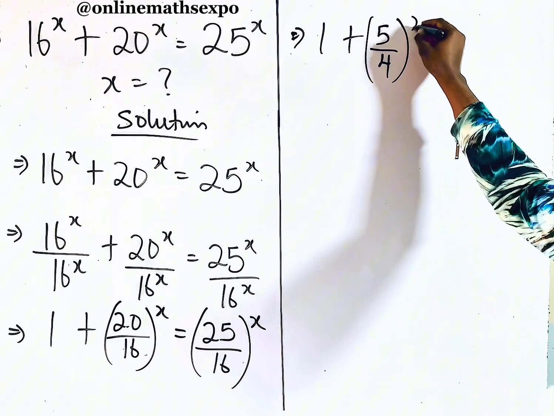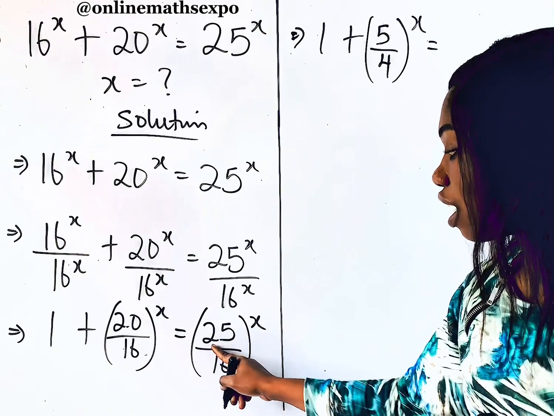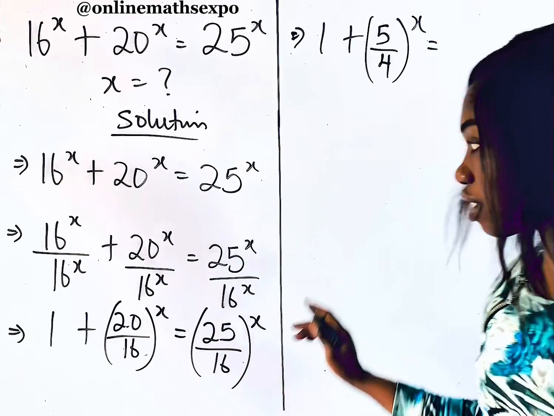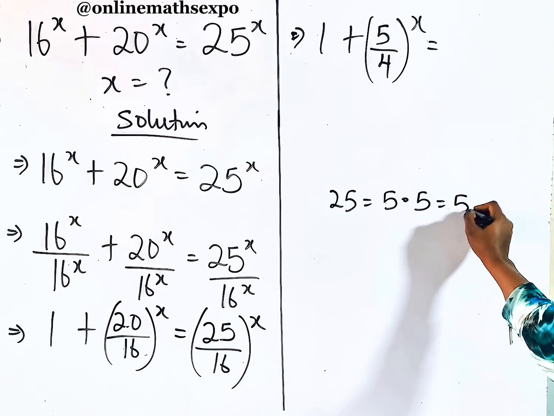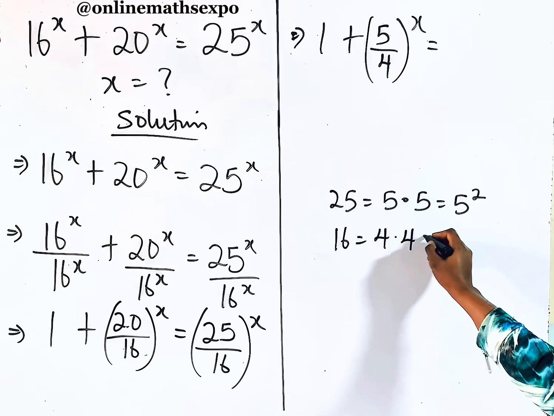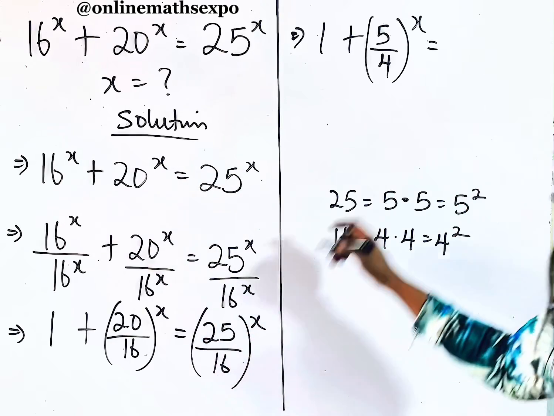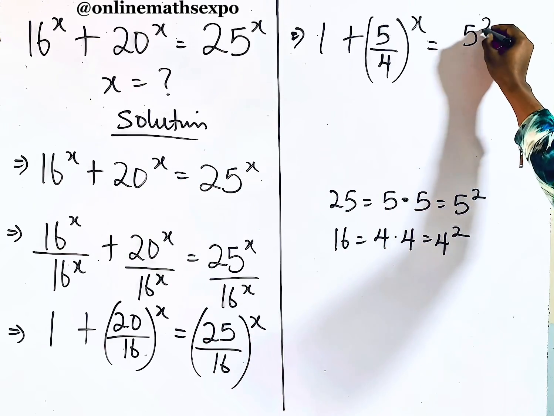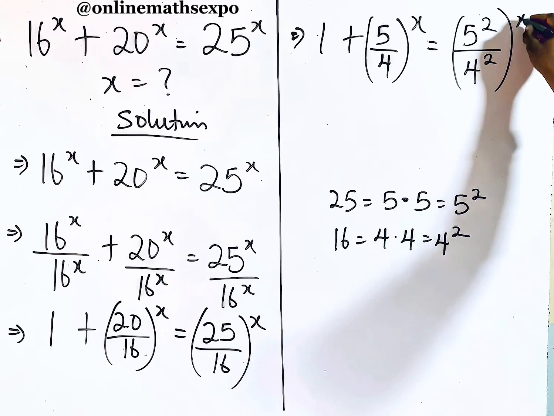So this is what I have is equal to, I cannot divide this, but you observe that this and this are perfect squares. 25 is the same as 5 multiplied by 5, which is 5 squared. 16 is 4 multiplied by 4, which is 4 squared. So you can rewrite this to give us 5 squared divided by 4 squared is raised to the power of x.